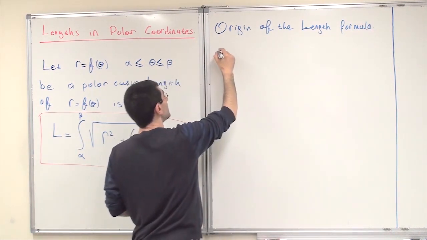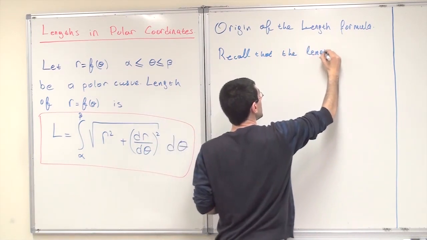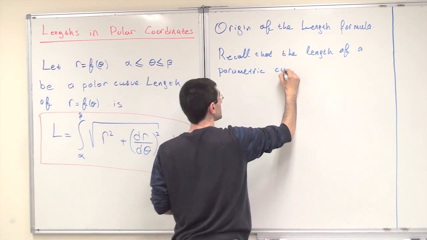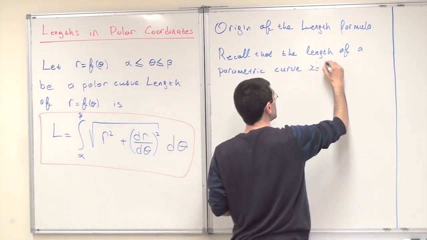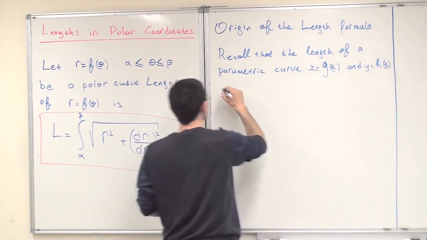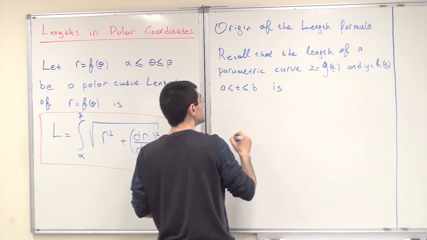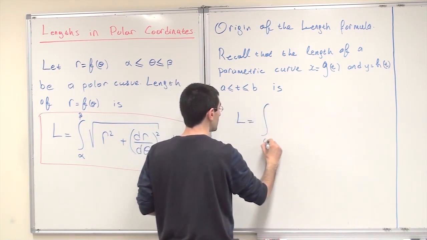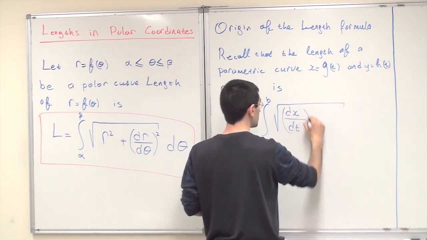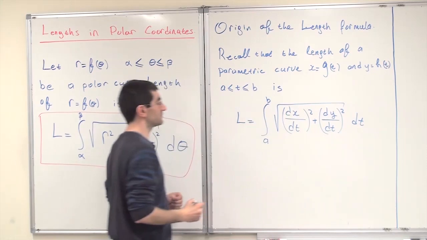So, let's remember that the length of a parametric curve, let's say x given by g of t and y given by h of t, where t is between a and b, is given by the formula integral from a to b square root of derivative of x with respect to the parameter t squared plus derivative of y with respect to t all squared, and we integrate that with respect to t.